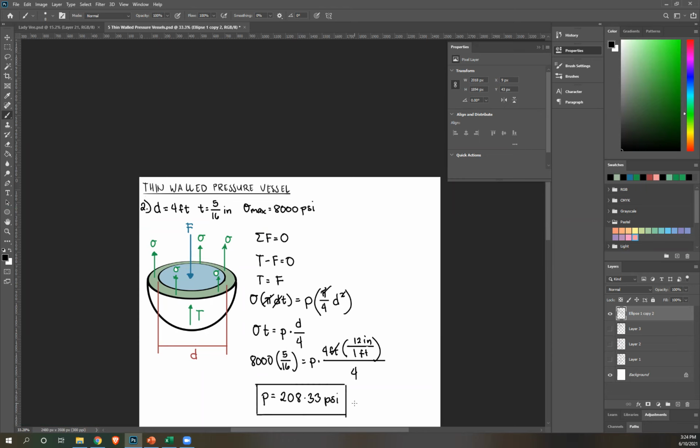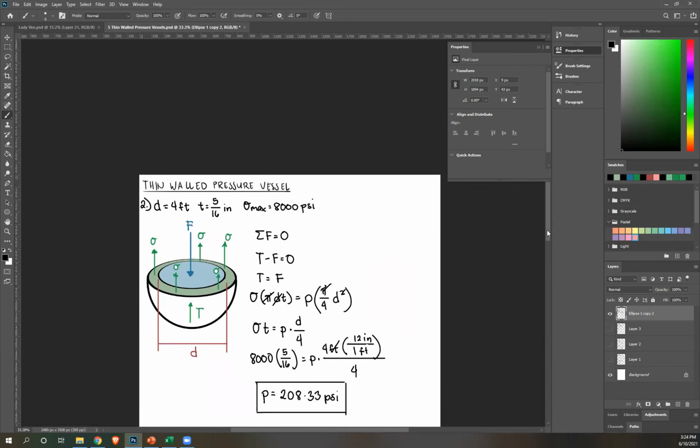Now there's an easier way to solve for this. If you can figure out what is the equivalent of this stress, okay, because the stress again is experienced by this area. What's the equivalent to that of a cylinder? Is that tangential or longitudinal stress? Can anybody tell me? Is this tangential or longitudinal stress?